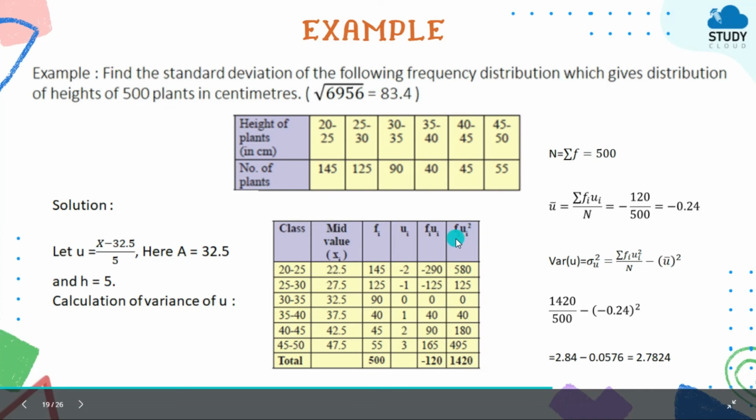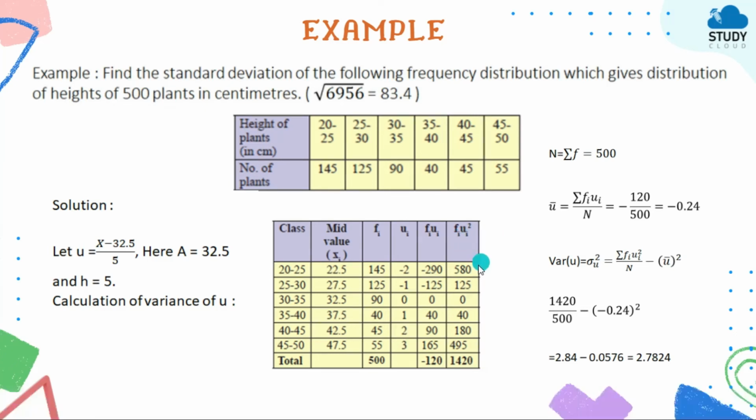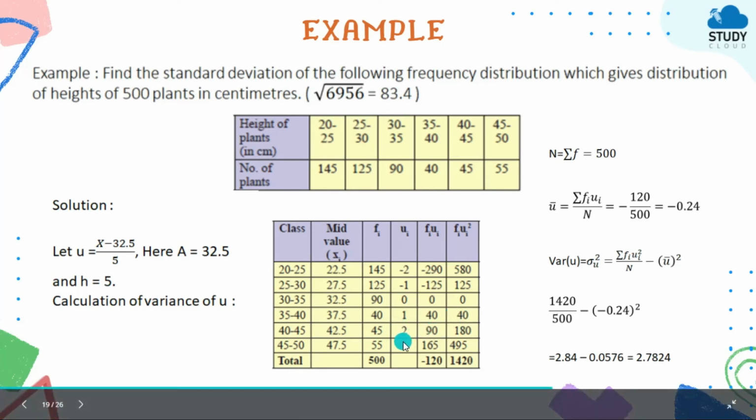Then f into u square. First you have to find u square. So minus 2 square is 4. So 4 into 145 will give you 580. Then minus 1 square will be 1. 1 into 125 will give you 125. 0 into 90 will give you 0. 1 square is 1, so 1 into 40 will give you 40. 2 square is 4, so 4 into 45 will give you 180. 3 square is 9, so 9 into 55 will give you 495.